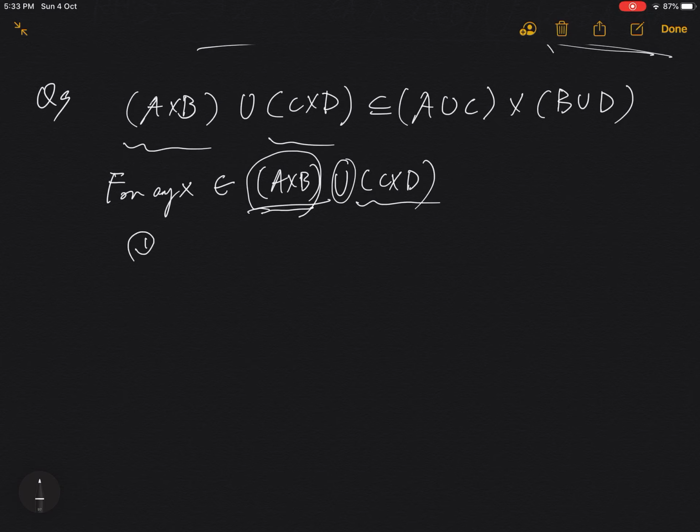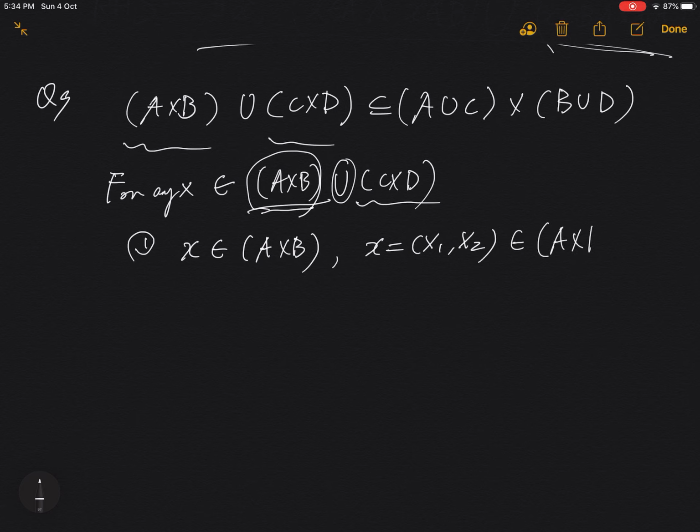So there are two different cases. If x is in the Cartesian product of A and B, this means x could be (x1, x2), where x1 is in set A and x2 is in set B.